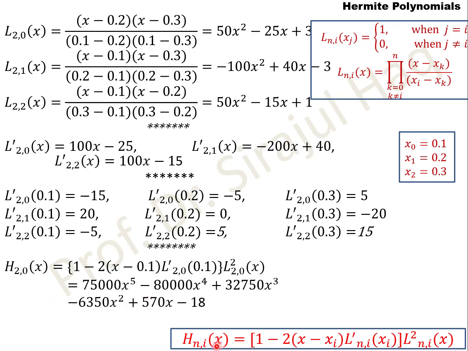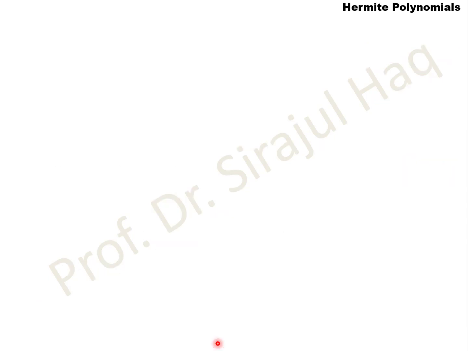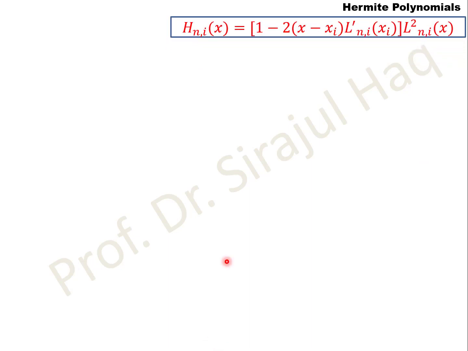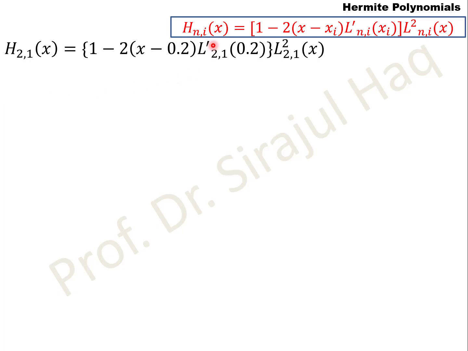Now when i is equal to 1, h2,1 of x is given by this relation. x1 is 0.2. This will be L2,1 prime at x is equal to 0.2.